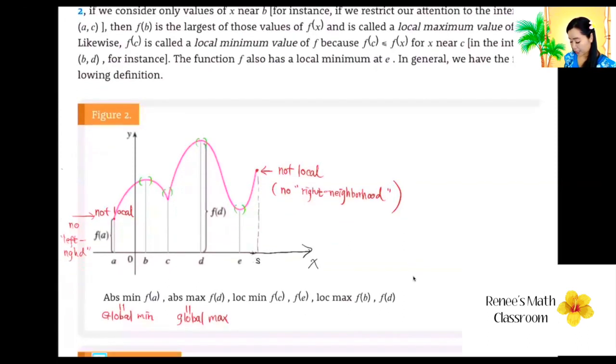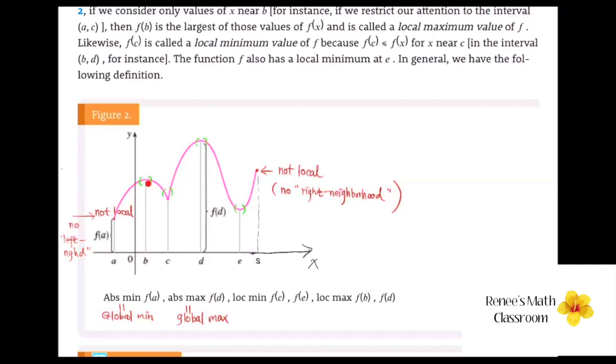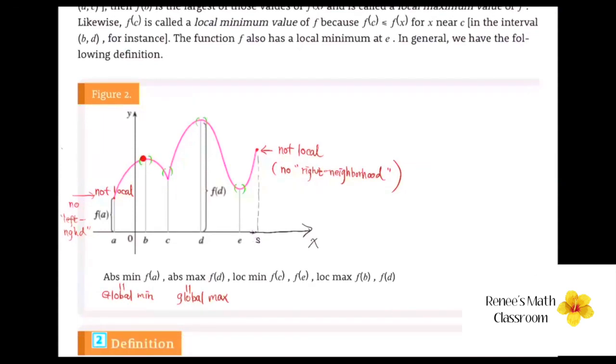Now, some of you will ask, what about this one, this one, this one? When you look at this point where x equals b, on the left side and the right side, looking at this open neighborhood, it has the left and the right, and this point is the highest point in this neighborhood, right? The function value at this point is called a local maximum. So locally, this is the highest point.